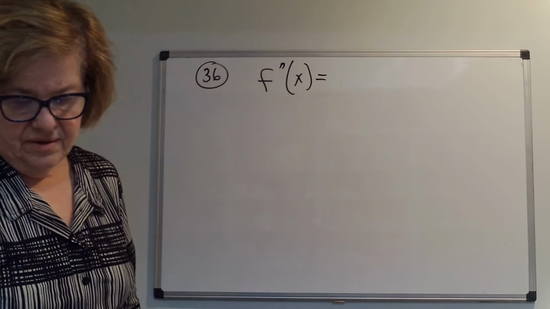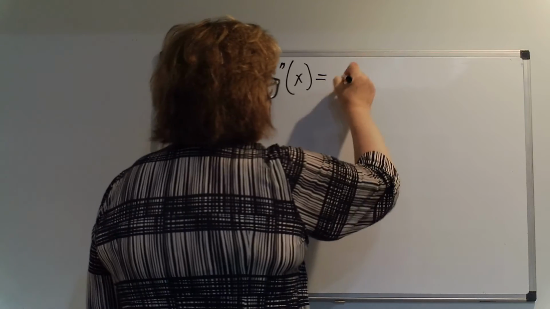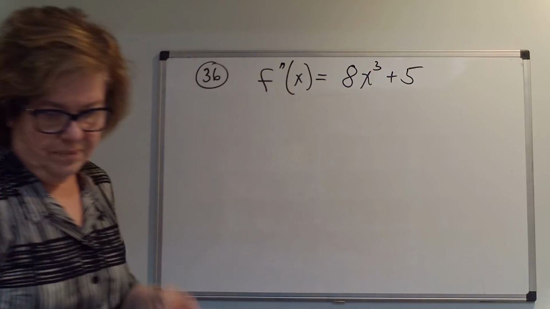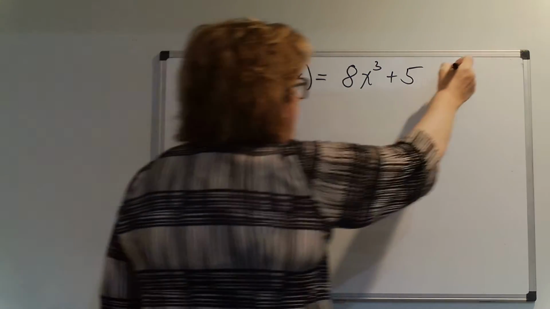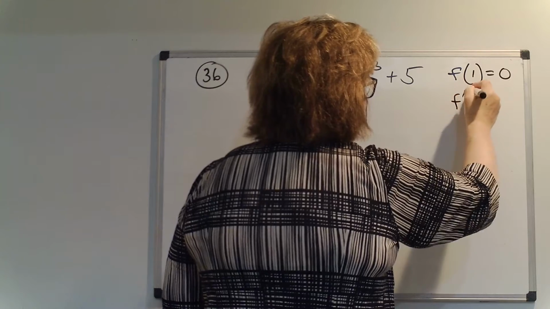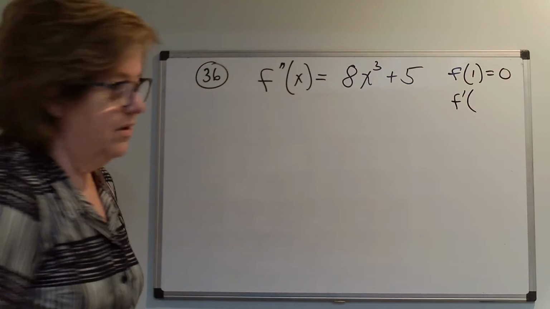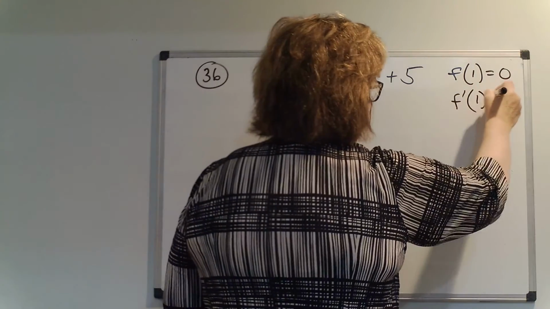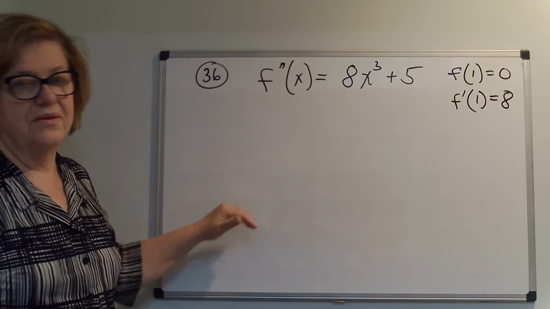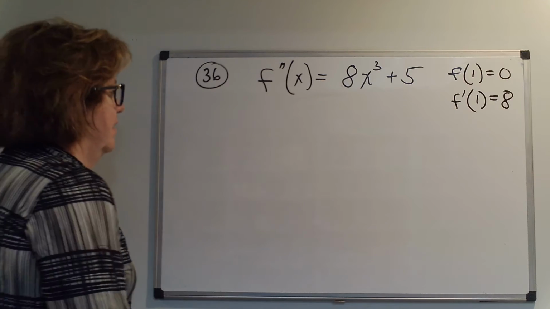Second derivative is 8x cubed plus 5. And we're given 2 bits of information. F at 1 is 0, and f prime at 1 is 8. So we're going to do the process twice to get to the original function.